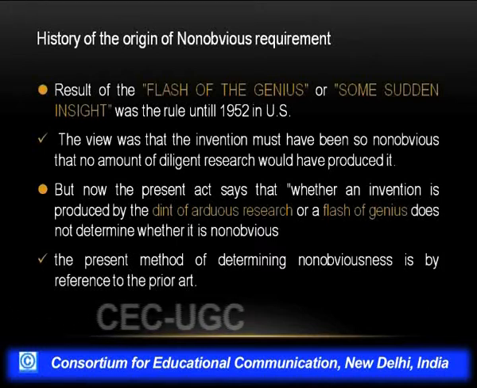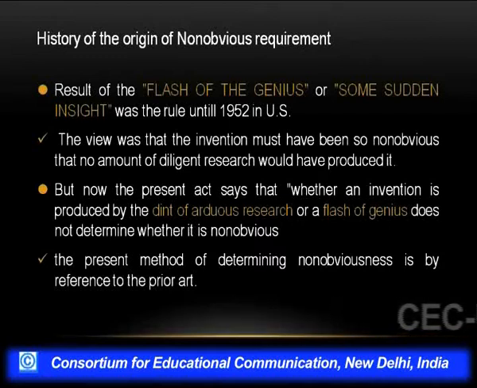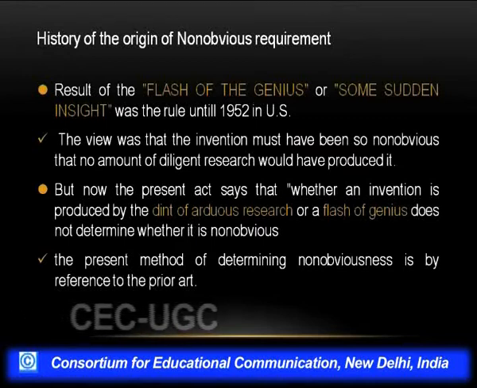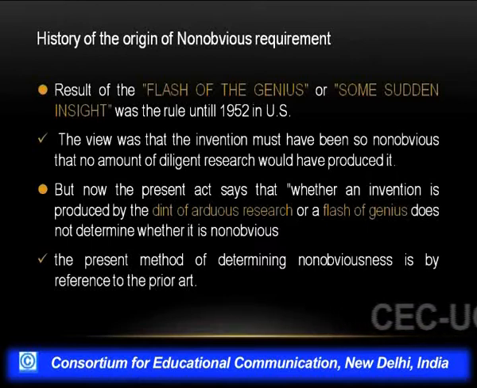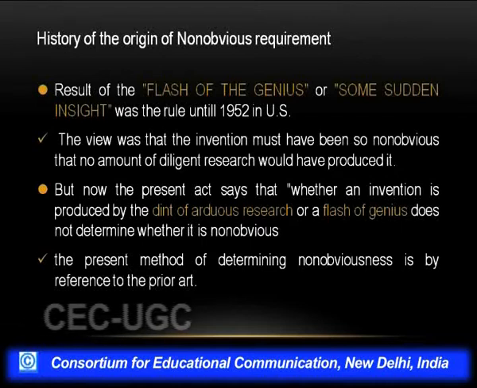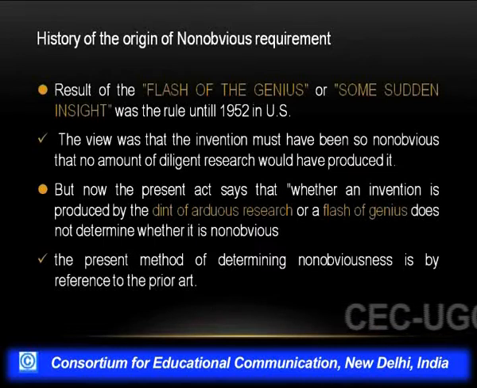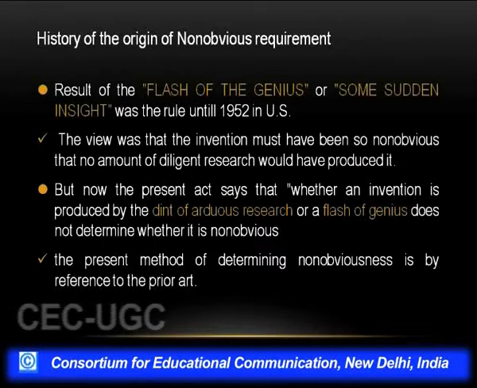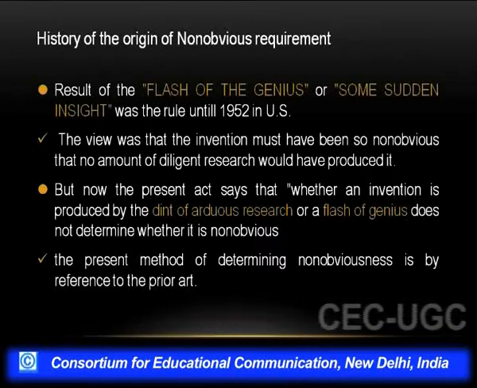But as I told, after 1851, when we got the concept of non-obviousness as one more hurdle for obtaining the patent in the Hotchkiss case, until 1952 the rule which governed it was flash of genius or sudden insight. But now the present act says that these two things do not suffice to determine whether it is non-obvious. There has to be something more to determine whether the work is really non-obvious or not.